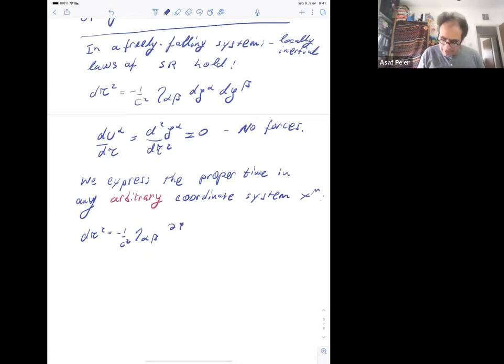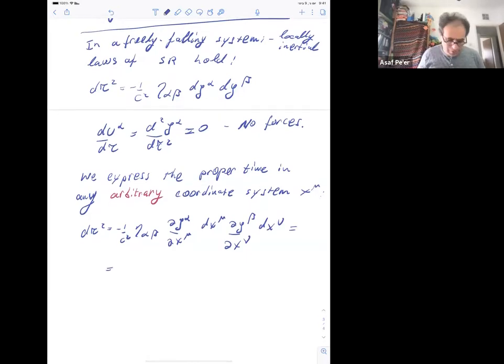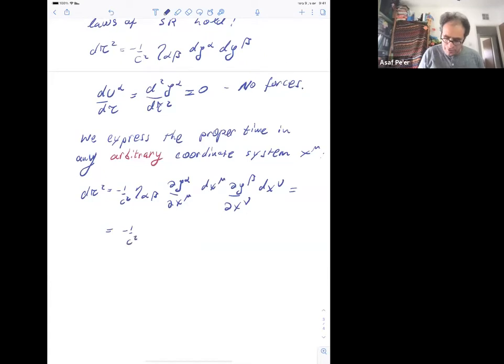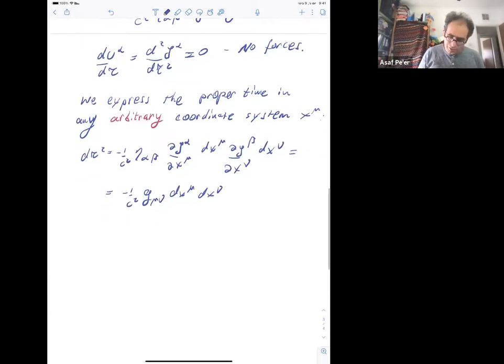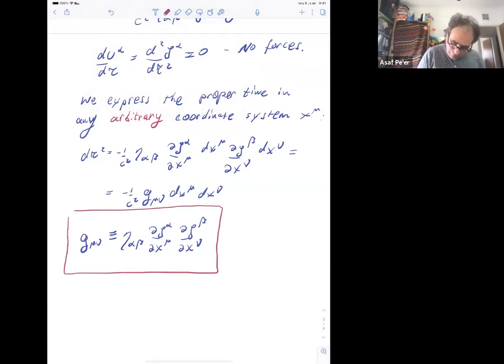So I just write it as (∂ξ^α/∂x^μ) dx^μ (∂ξ^β/∂x^ν) dx^ν, which I just group together and call −(1/c²) g_μν dx^μ dx^ν, where g_μν is defined as η_αβ (∂ξ^α/∂x^μ)(∂ξ^β/∂x^ν). And g_μν is also called the metric tensor.